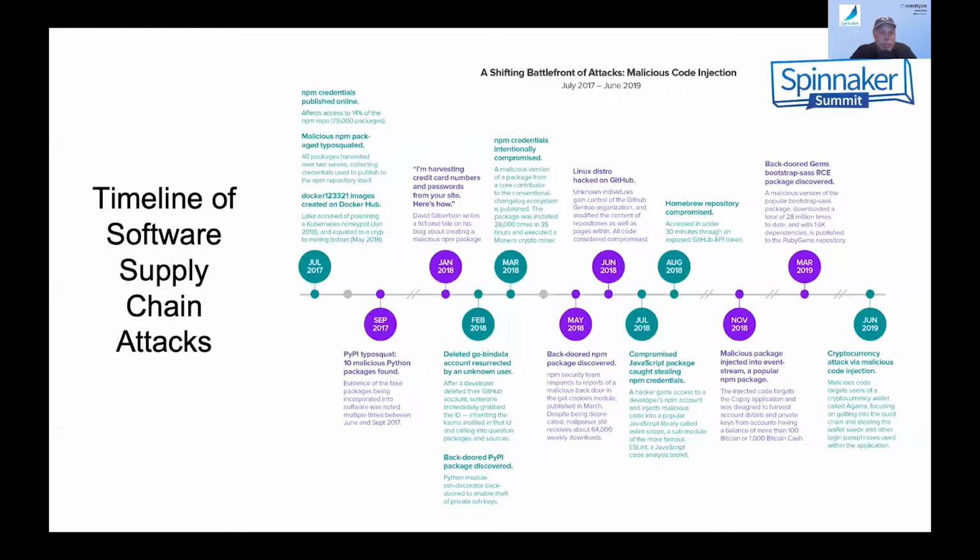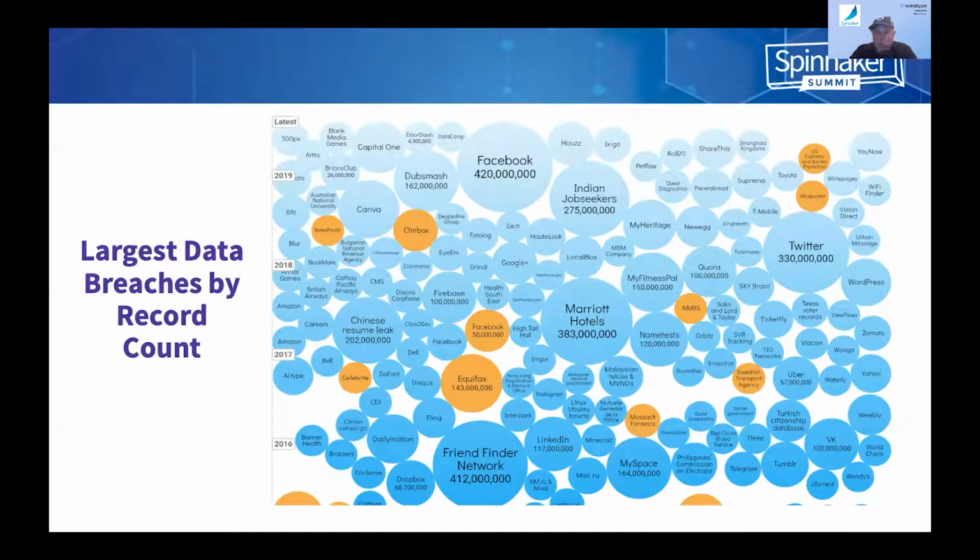Here are some more examples of data breaches. In the orange, we have open source components that were breached. In the blue, we have breaches by a network or other than an open source component that was vulnerable. You'll see that in this example, Facebook was breached, about 50 million records. Marriott Hotels, 383 million packages, et cetera.